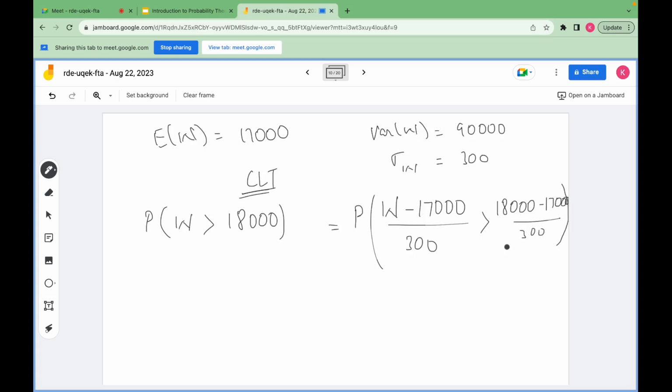We need to find this probability. So this is the probability that it is greater than 1000 divided by 300, so this will be 10 by 3.